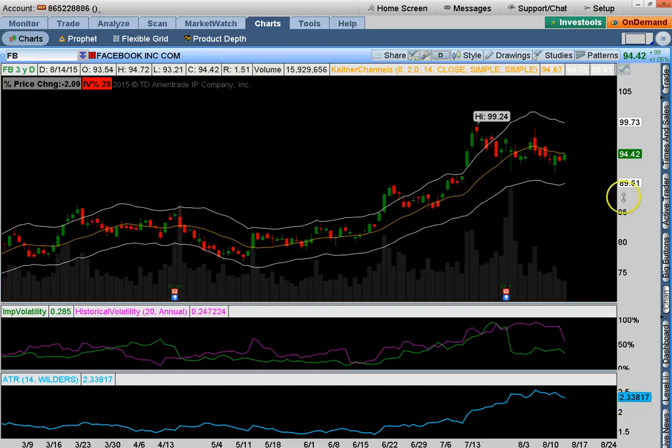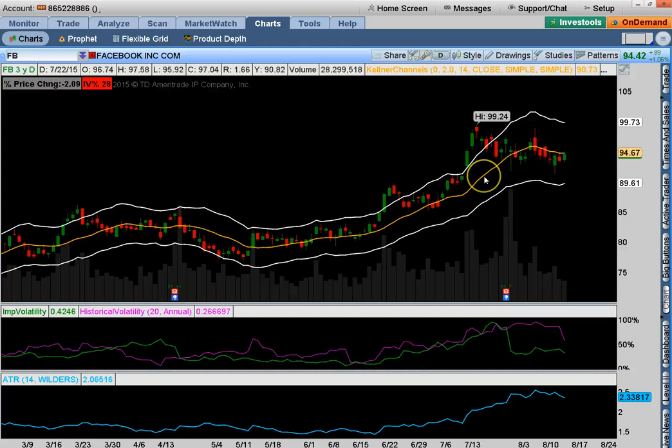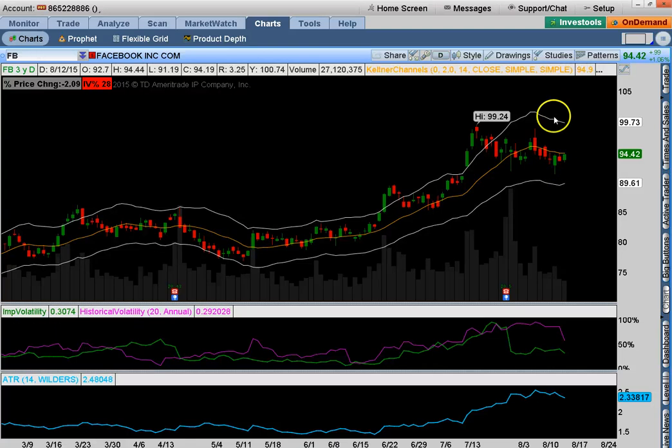Now what I have plotted up here, and will be the subject of a future video, are Keltner channels. What Keltner channels are, very briefly, is a midpoint and an average true range indicator where it actually sets your upper and lower boundaries at a preset average true range.